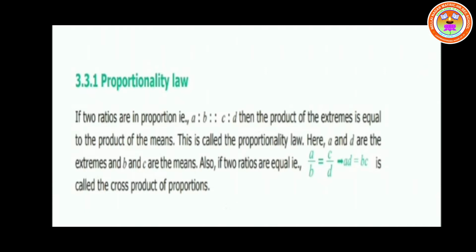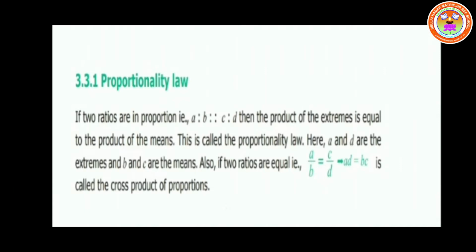See children, A is to B as C is to D. The product of the extremes means the outer terms: in the first ratio you take A, and in the second ratio D. AD is equal to BC, the product of the means, meaning the inner terms. This is called the proportionality law.